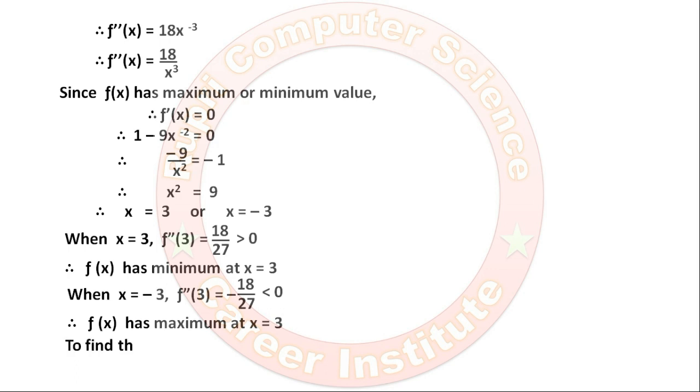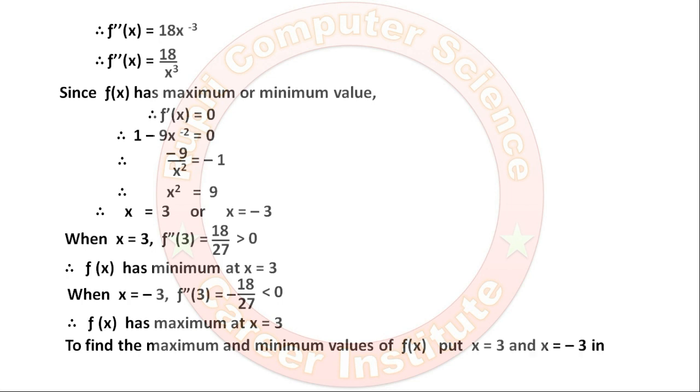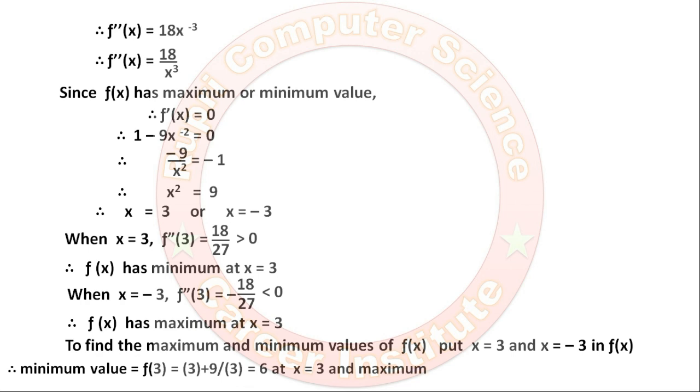So to find the maximum and minimum values of f x, put x is equal to 3 and x is equal to minus 3 in f x. Therefore the minimum value is f of 3 is equal to 3 plus 9 divided by 3, that is equal to 6 at x is equal to 3, and the maximum value f of minus 3 is equal to minus 3 plus 9 divided by minus 3, which is minus 6 at x is equal to minus 3.